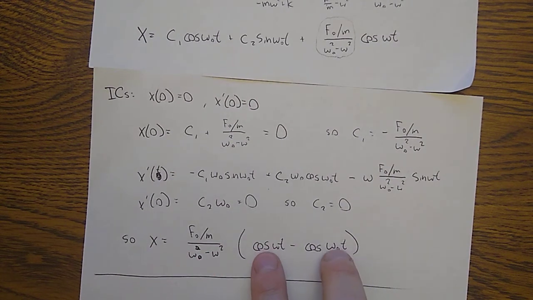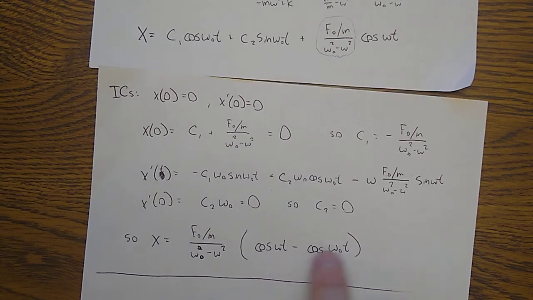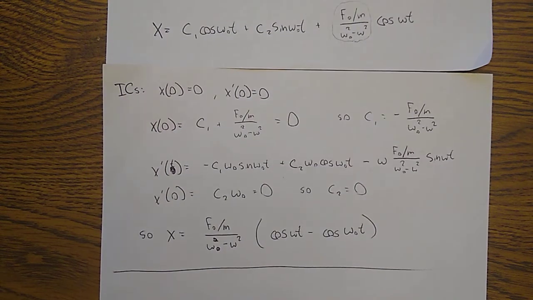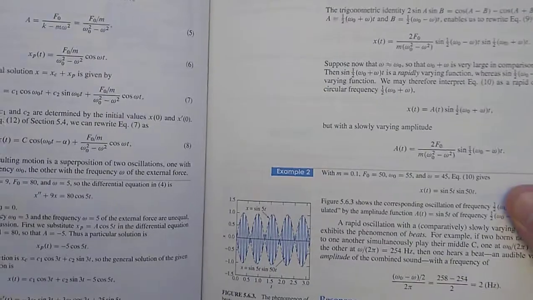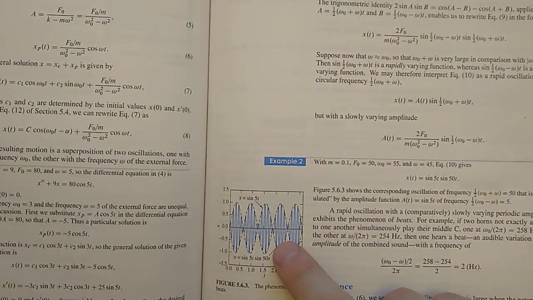But what happens to something like this if I'm doing cosine of omega t minus cosine of omega naught t? Well, I can just show you the book. A graph sort of like this.